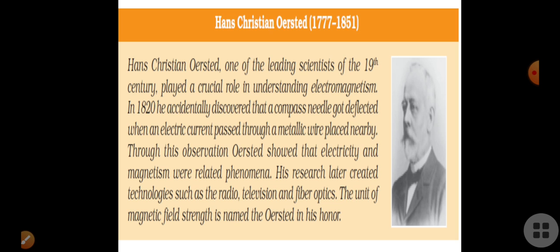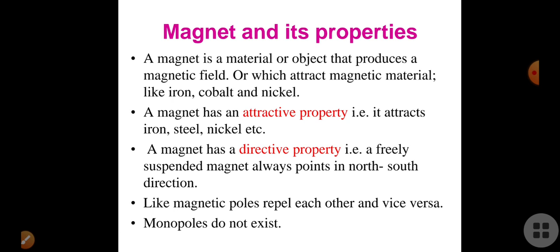So finally he concluded that when current passes through a conductor, a magnetic field is produced around it. It becomes just like a magnet and shows the properties which a magnet shows. So after that we found this phenomenon. It's an interesting story. Okay, beta.